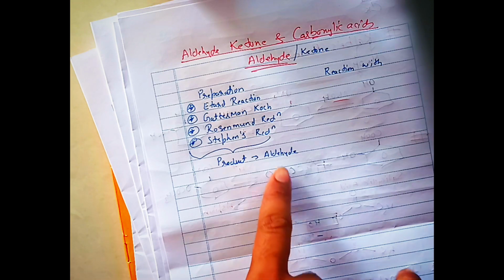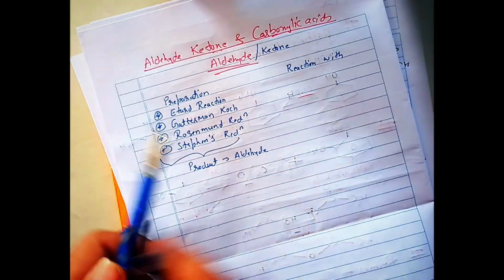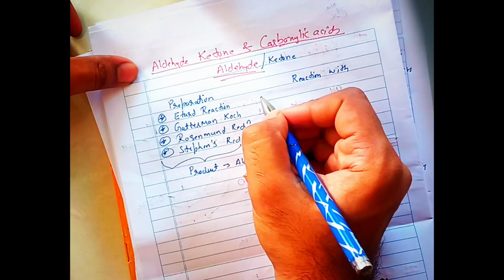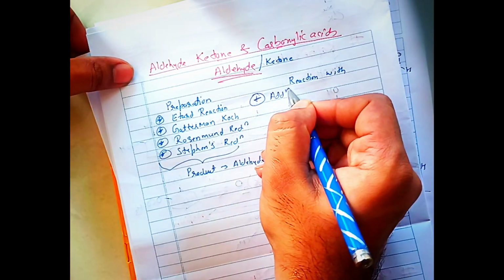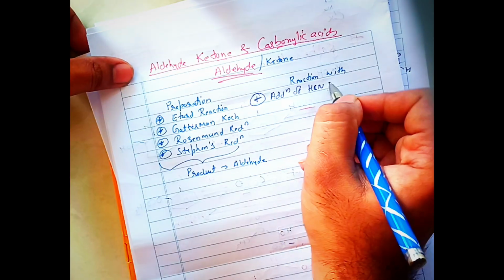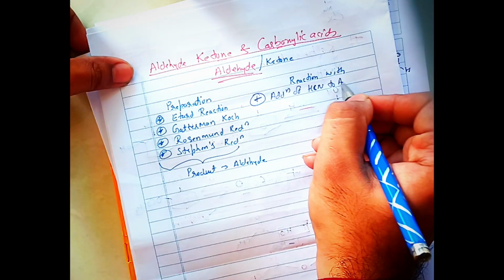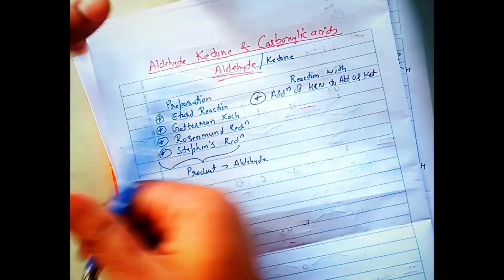Okay, the product will always be aldehyde, so keep this in mind. Then there will be some reactions called addition of HCN to aldehyde or ketone.